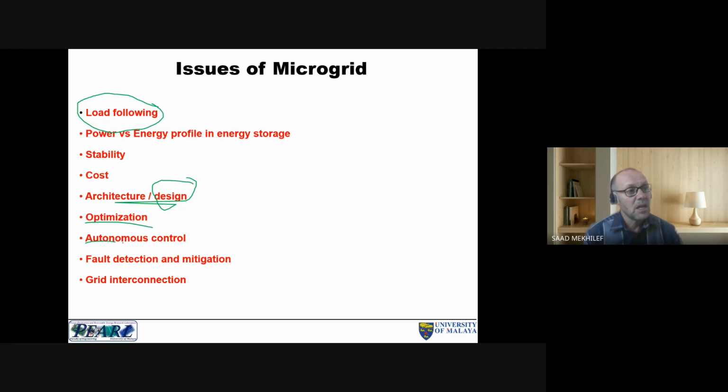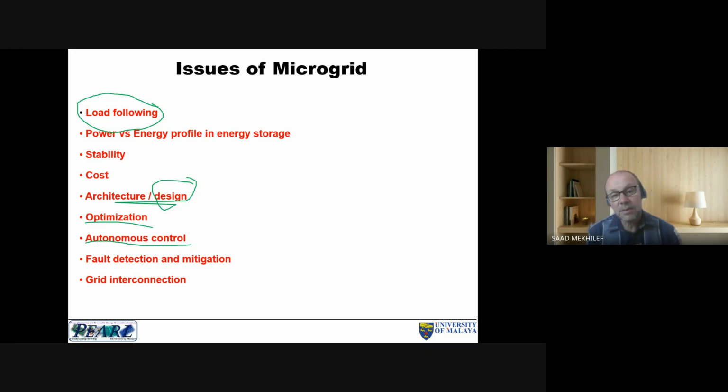Most of these microgrids will have autonomous control. In terms of security, maybe they can be hacked, but that's another issue. Most of the current microgrids will have some protections. Fault detection and mitigation: this control system should be able to detect the fault and then mitigate it.